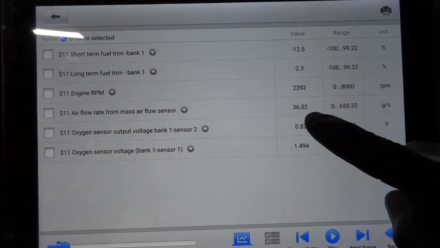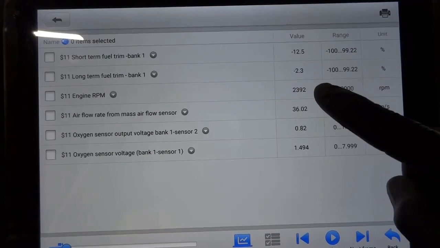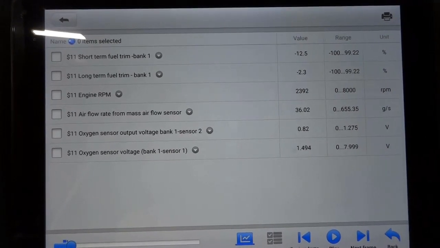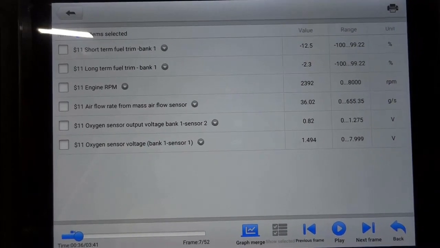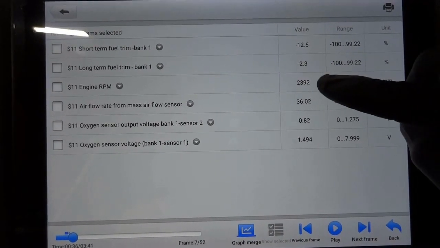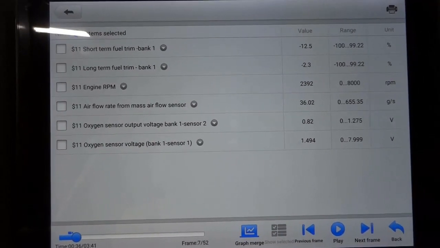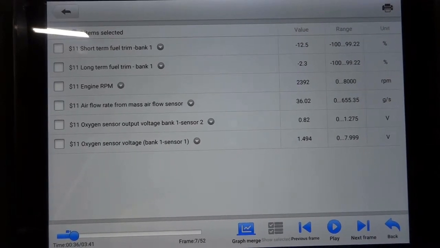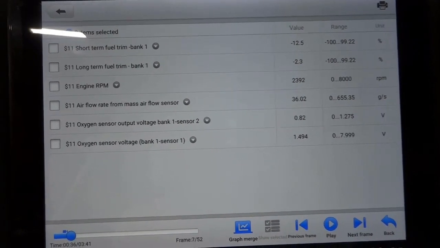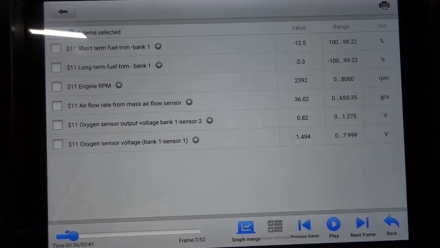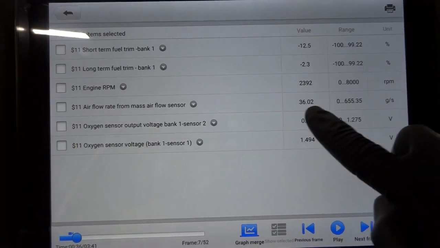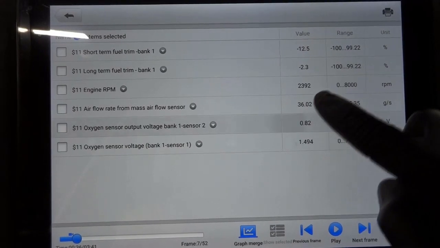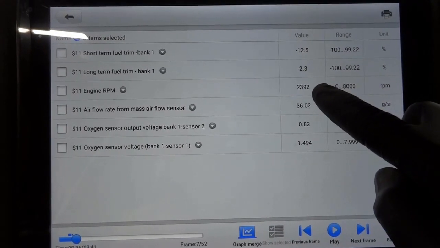This is low at this kind of engine speed because the mass airflow sensor measures the amount of air that enters inside the engine. At higher RPMs, the engine inhales more air than at idle. So this value we have is too low based on the speed of the engine.